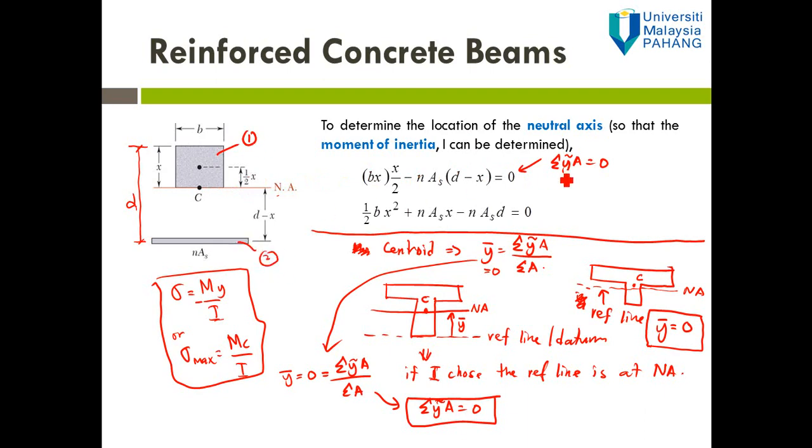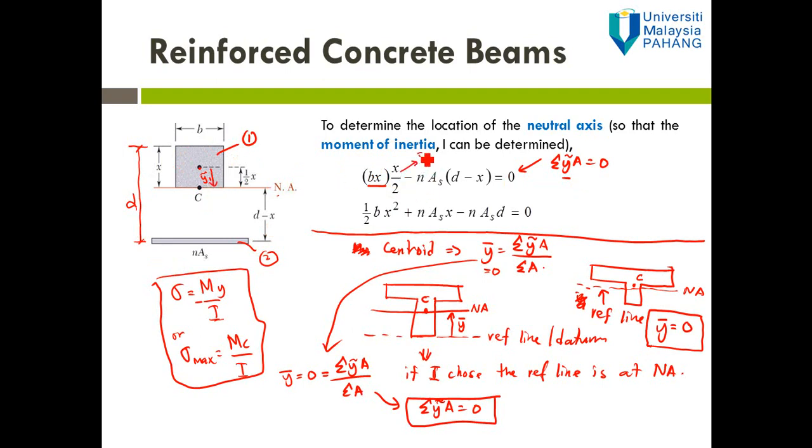If we determine the yA for the first part, yA is equal to b times x, and then y is measured from the centroid of shape 1 to the neutral axis, or to the centroid of the overall beam. That will be the y for part 1, this one.